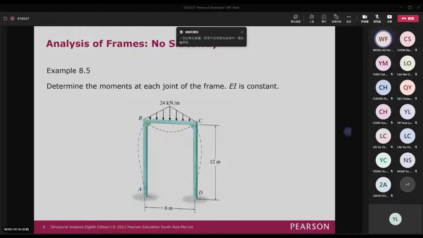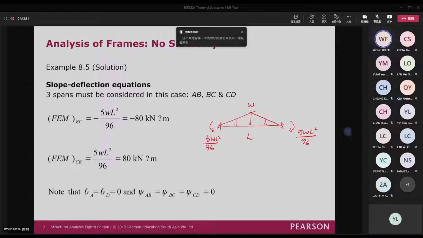If you substitute the values, W is equal to 24, and the length is 8 meters. Then you can find that the fixed end moment on both the left-hand side and the right-hand side is equal to 80.